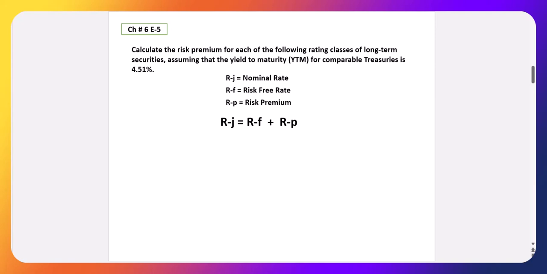But they're asking us in this question to solve for the risk premium, or RP. Therefore, we must rearrange our formula: the nominal rate, RJ, minus the risk-free rate will equal the risk premium.